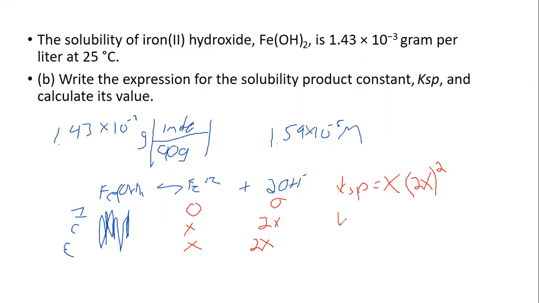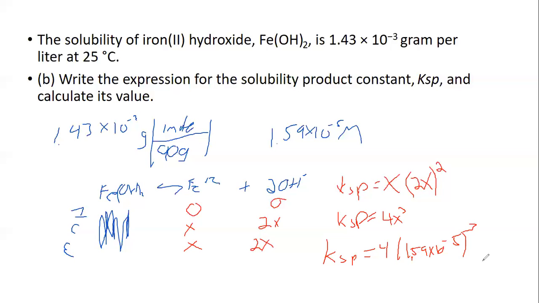So if we type this through, KSP equals 2x squared, that's 4x squared, times another x is 4x cubed. And we know what x is. X is the molar solubility, 1.59 times 10 to the negative fifth. So KSP equals 4 times 1.59 times 10 to the negative fifth, quantity cubed.